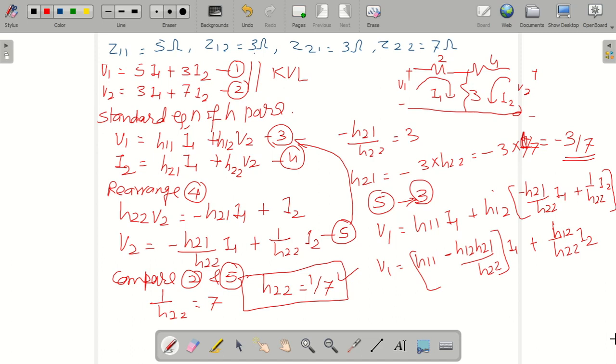So again I'm just observing it. V1 equal to, I'm going to put 5 in 3. So V1 equal to H11 I1 plus H12 common V2, equal to this: minus H21 upon H22 I1 plus 1 upon H22 I2. So here it will come H11 minus H12 H21 upon H22 I1 plus H12 upon H22 I2.